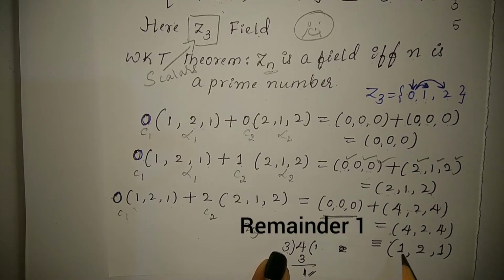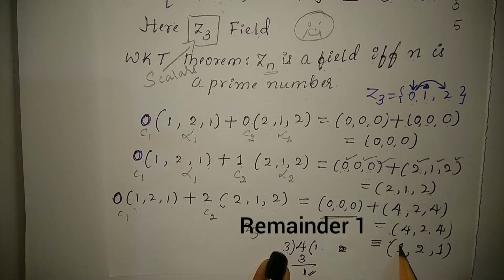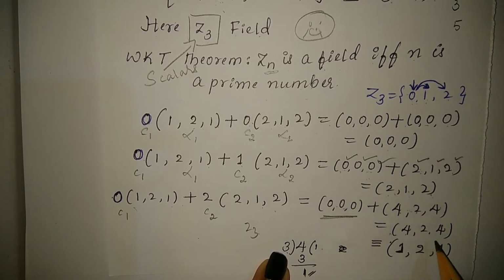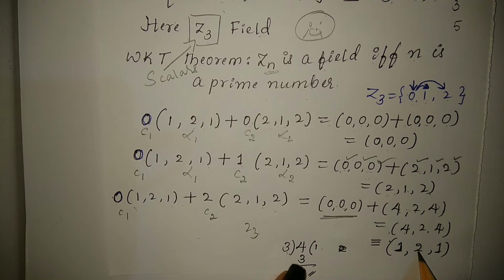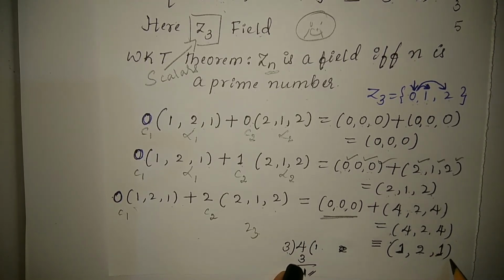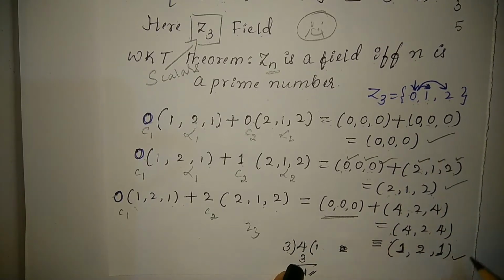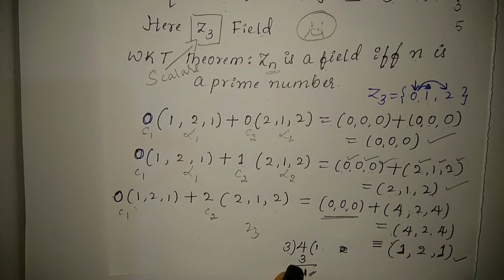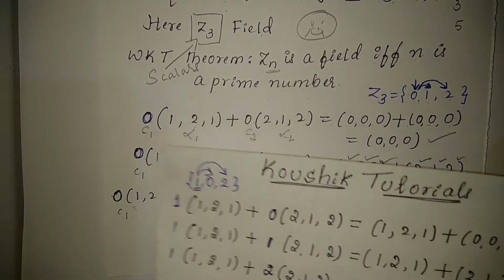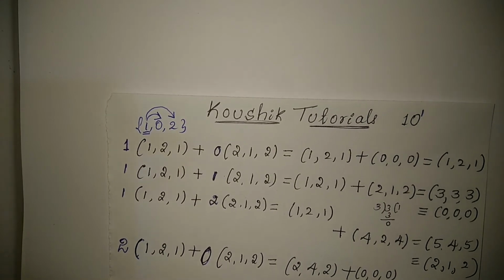So that is addition modulo or multiplication modulo. From that, we remain with 1. So 2, which is an element of Z3. Next 4, so again write the remainder. So this is 1 2 1.